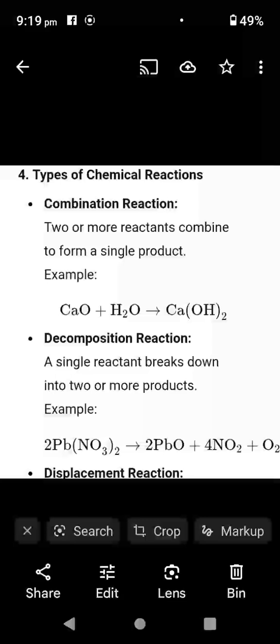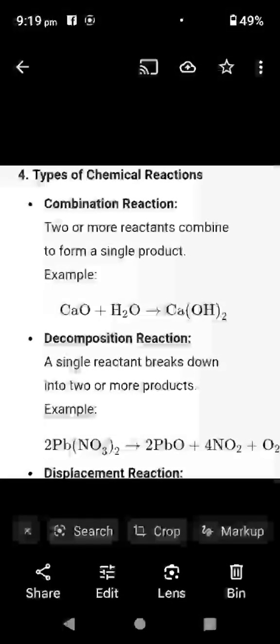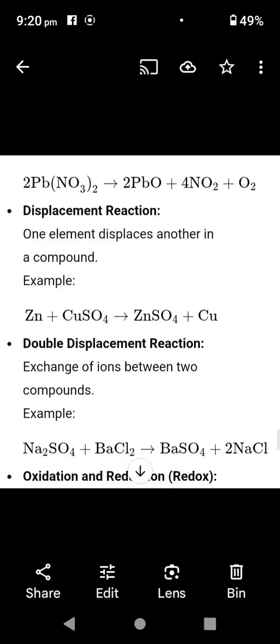You can take a simple example also, like carbon dioxide in the reactant side, and when we pass heat, the carbon dioxide splits into two parts, carbon and oxygen. And if we take water in the reactant side and pass energy, the water splits into two pieces, hydrogen and oxygen. So it's also a decomposition reaction.